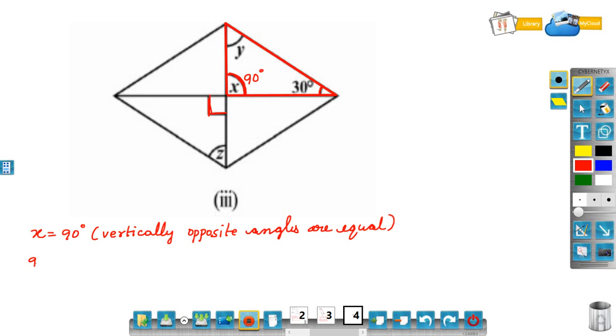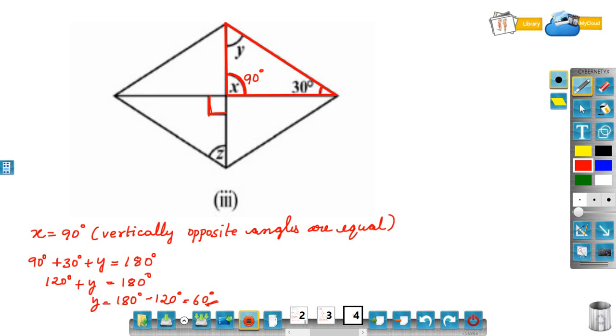So 90 degree plus 30 degree plus y. 90 plus 30 is 120 plus y is equal to 180 degree. Therefore, y is equal to 180 minus 120, that is 60. So we got the measure of y.